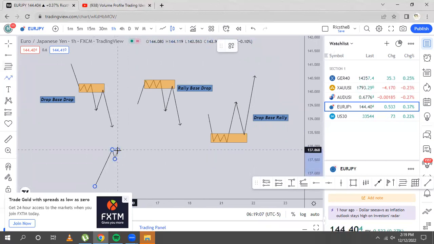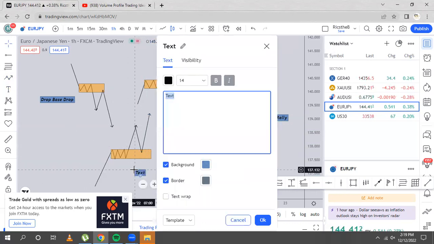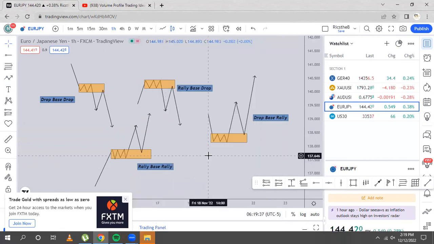Rally, then base, then rally. And right here is where we have our base, and this base tends to act as an area of demand. So this is the rally, base, rally type of demand.